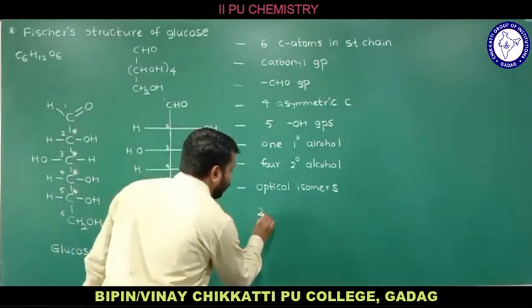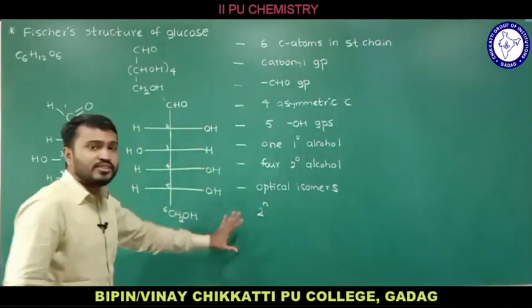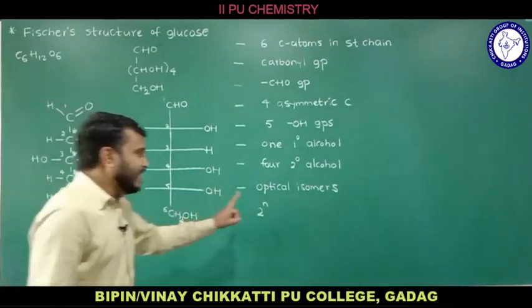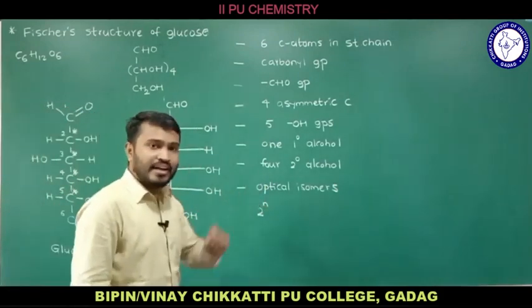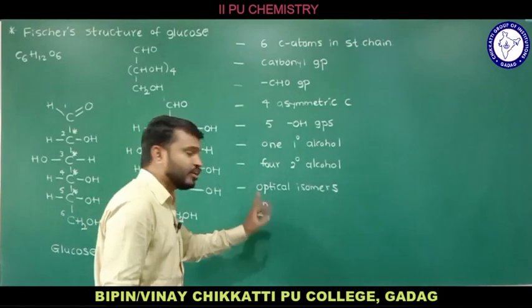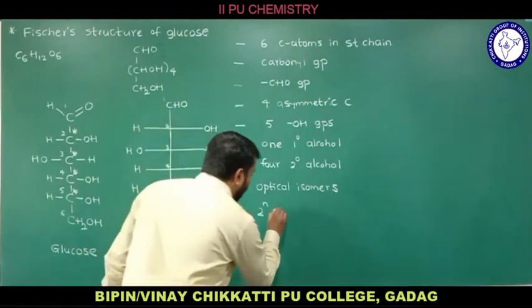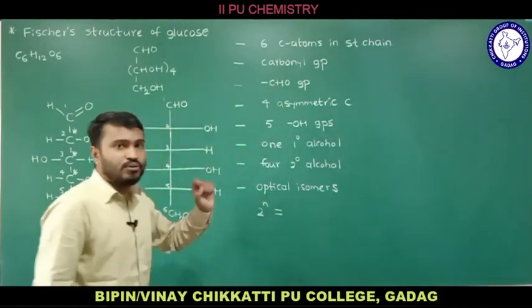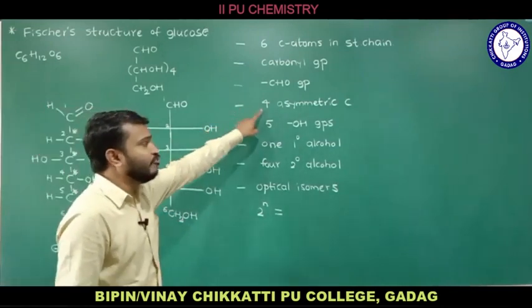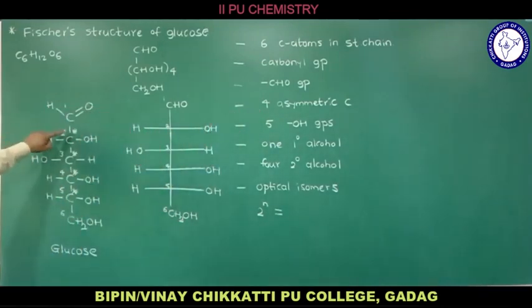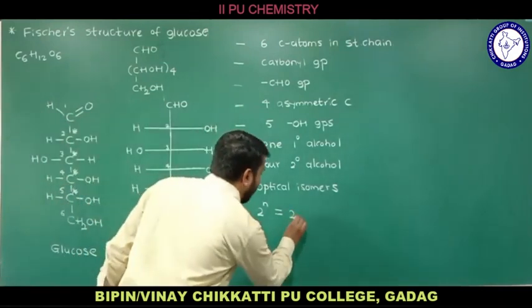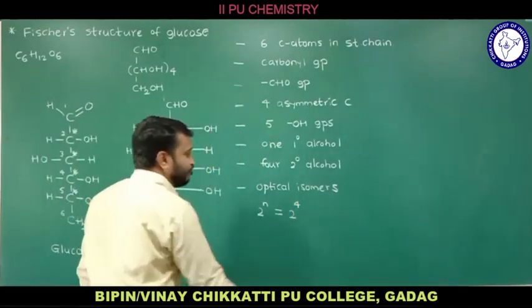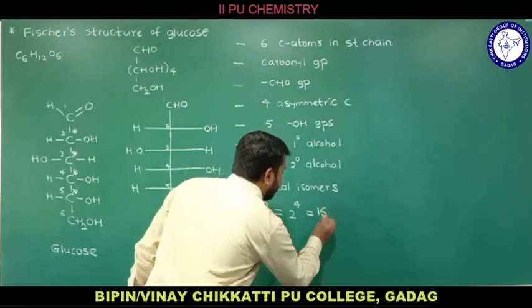We have one formula to calculate that, which is 2 raised to n, where n stands for the number of asymmetric carbons. In glucose we have 4 asymmetric carbons, represented by an asterisk or star. In place of n, I write 4, 2 to the power 4, which is 16.